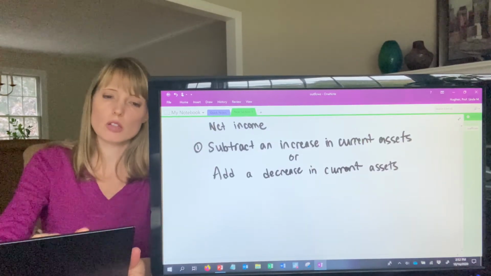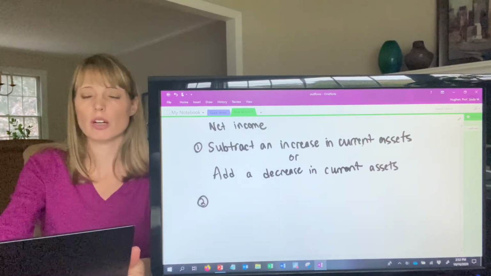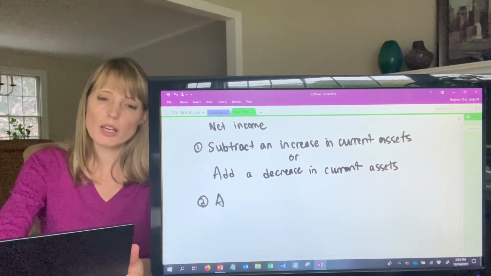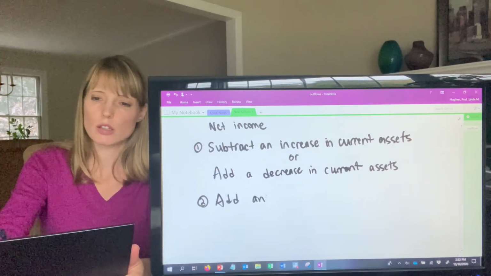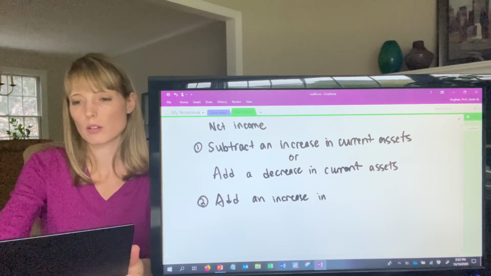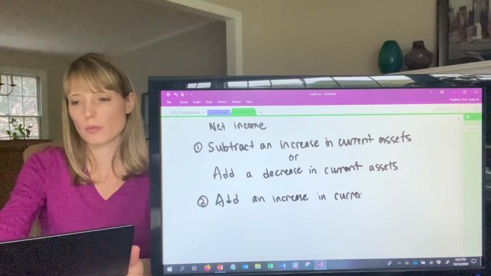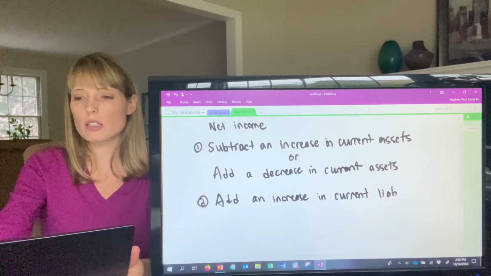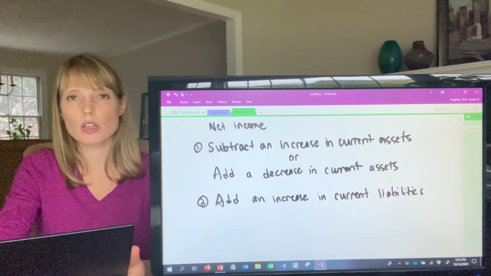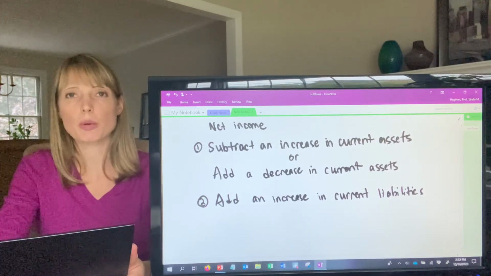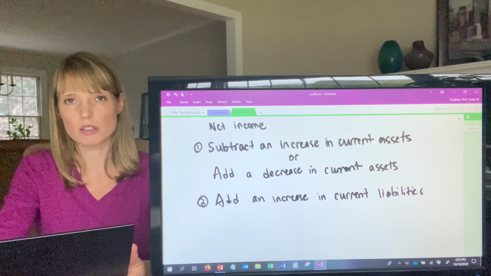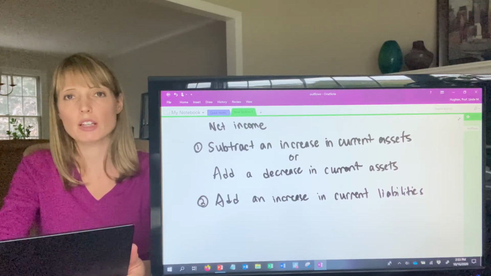Okay, what else? This was the current assets, and we also need to account for the changes in the current liabilities. So we add an increase in current liabilities. Why? Let's say, for example, the current liability that increased was salaries payable. That means the company incurred the expense of salaries, but they haven't made the cash payment.